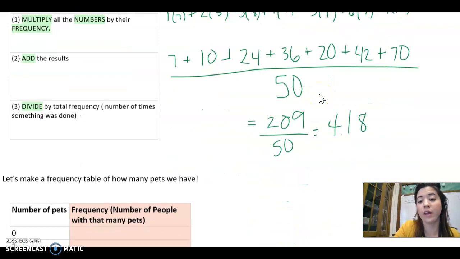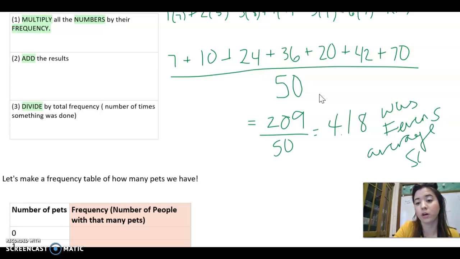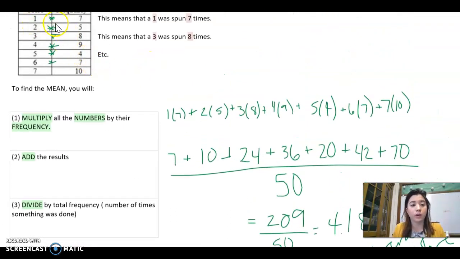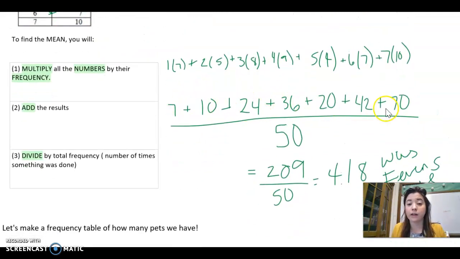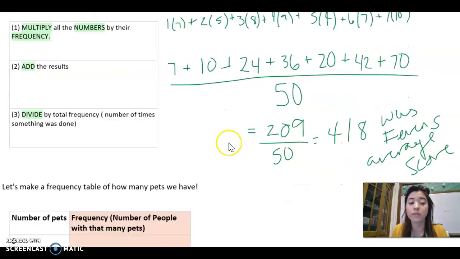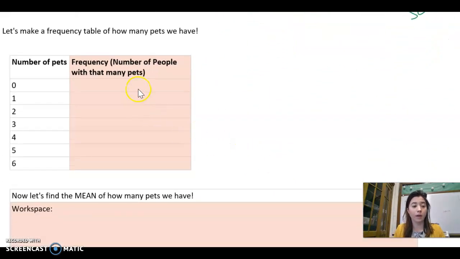So 4.18 was the average score on the spinner. So again, score times frequency, add it all up, and then divide by how many times the thing was done.